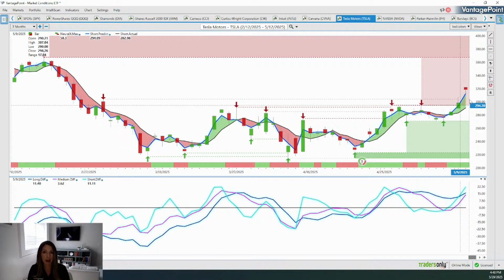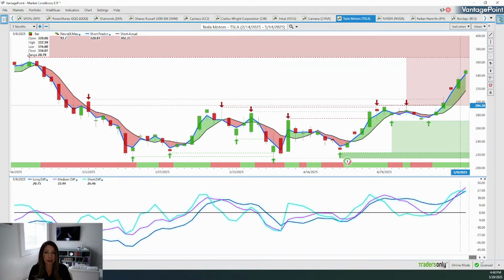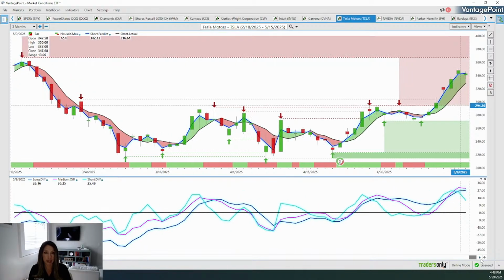You already have a plan of action, whether or not this goes up and breaks resistance or whether or not you need to be better protected from a profit standpoint as well. So being able to see this information ahead of time is key in any analysis, because proactive is definitely better than reactive, especially when it comes to the markets.